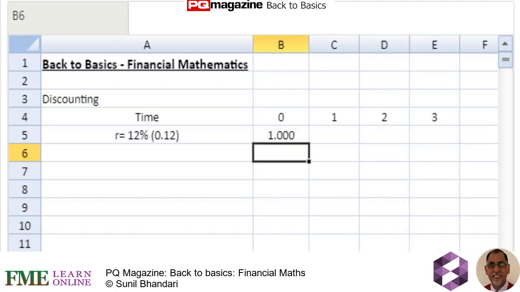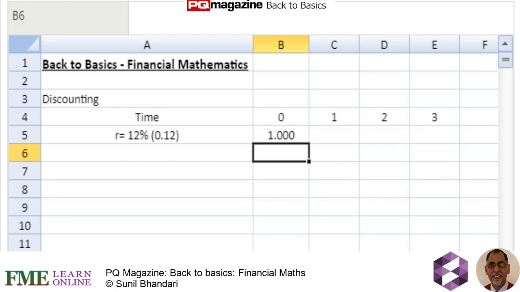Okay, so discounting. We have a discounting example here which I've set up. I've put in the columns times 0, 1, 2, 3. I've formatted my discount values to 3 decimal places. You don't have to do that. I've only done that so that it matches with the presentation, the tables. I've got a cost of capital of 12%.